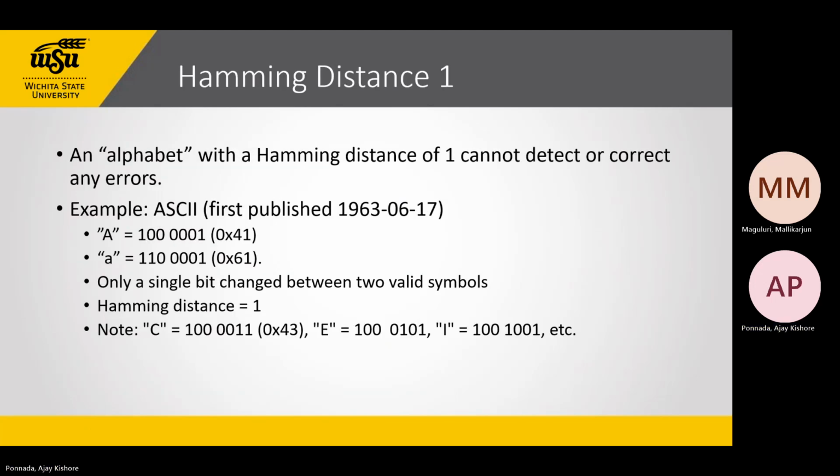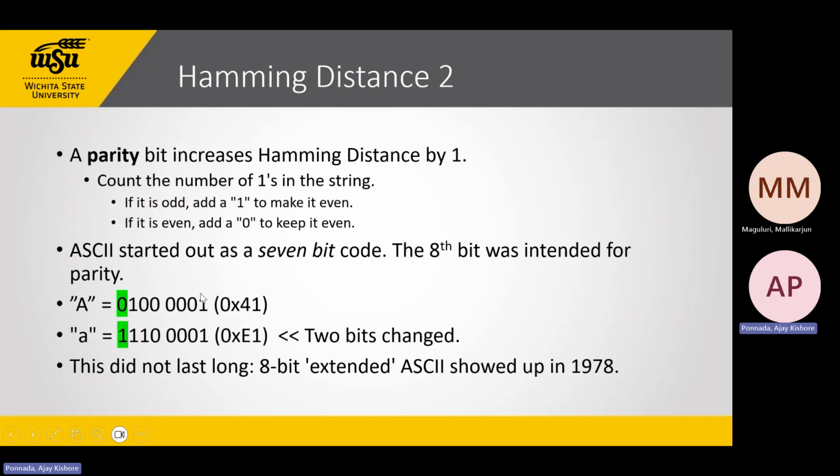Okay. Next, Hamming distance 1. We have just discussed this ASCII example, A to a with 1 flip error. So only a single bit change between two valid symbols. ASCII started out as a 7-bit code. The 8th bit was intended for parity.